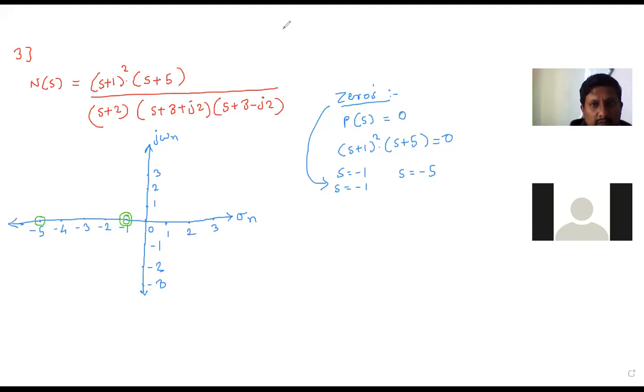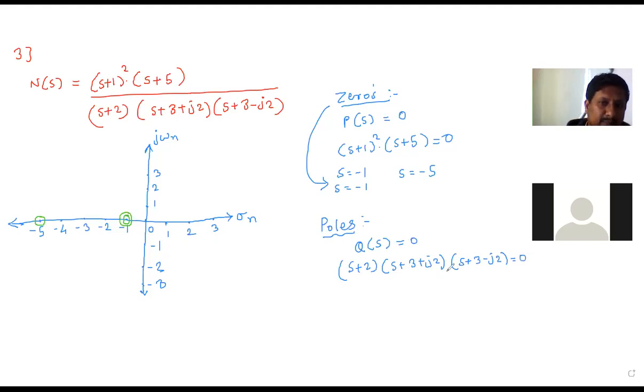Now poles. We have to plot the poles. That is q of s is equal to 0. So (s plus 2) into (s plus 3 plus j2) into (s plus 3 minus j2) is equal to 0.